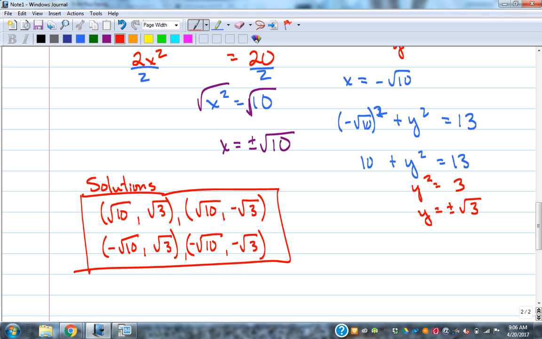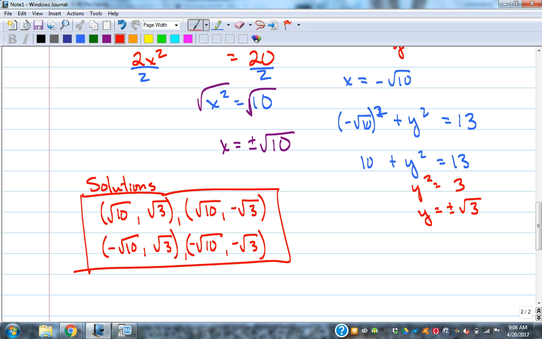Yes, sir. Where at? Did you rewrite the square root of 10? I plugged in negative square root of 10 from my x answers into the first problem and solved it. And I ended up getting plus or minus square root of 3 again. So I have ordered pairs.